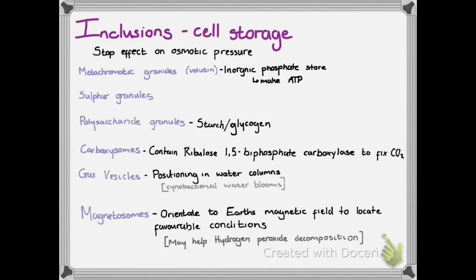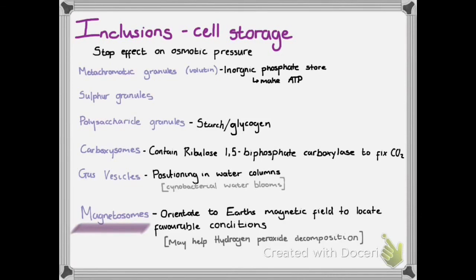You have carboxysomes, which contain your ribulose 1,5-bisphosphate carboxylase, which acts in carbon dioxide fixation, which is carbon fixation. You have gas vesicles, which help in positioning in water columns. And then the best ones, in my opinion, the magnetosomes, which help orientate them to the Earth's magnetic field to aid them in finding favourable conditions to survive. And they may also be involved in hydrogen peroxide decomposition.